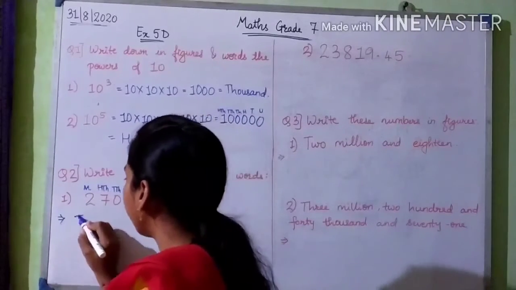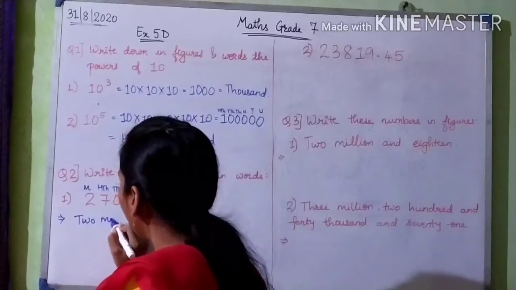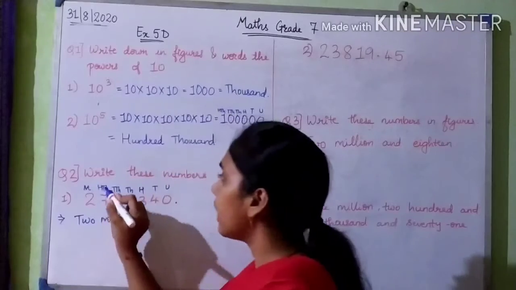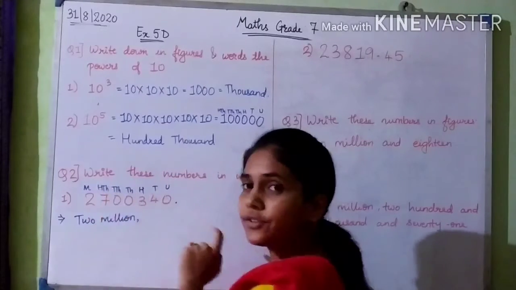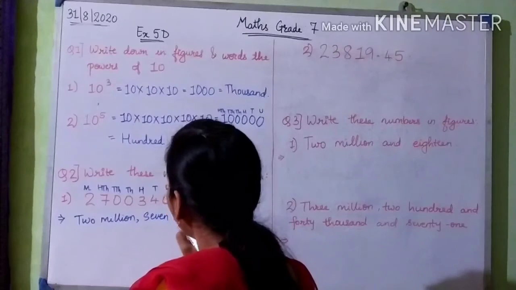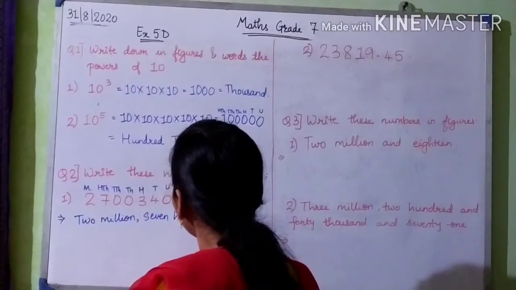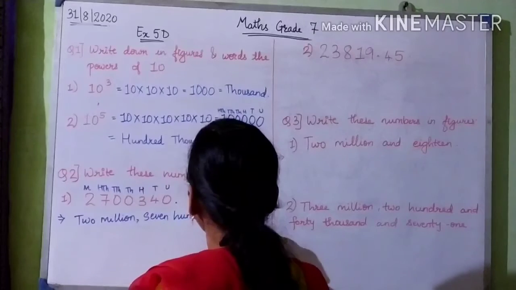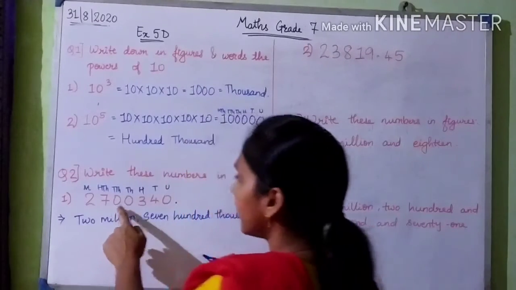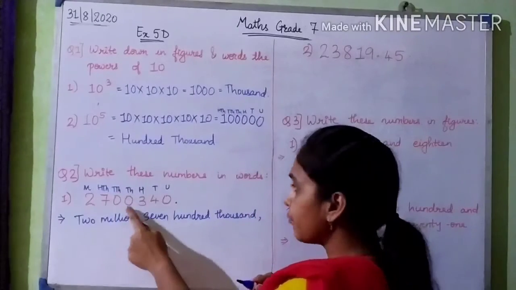2 million. So I write 2 million. Then 700,000. 7 is in 100,000 place, so I write 700,000. Then there are 0 zeros, so I don't have to write anything for 0.